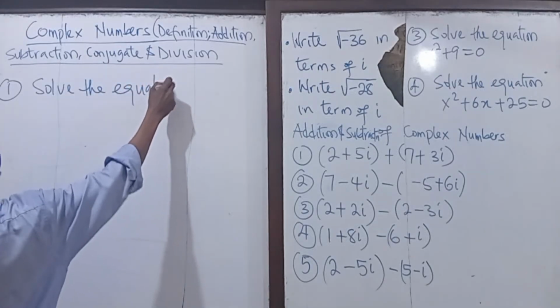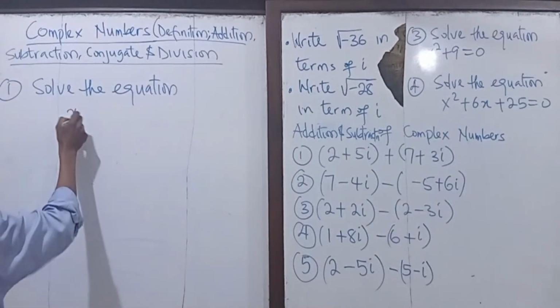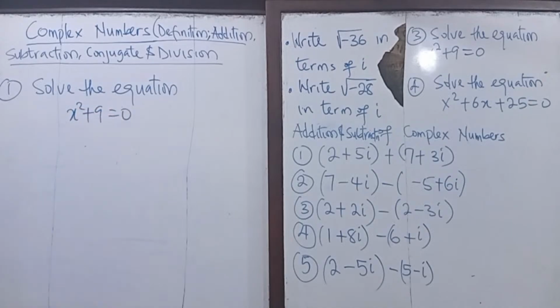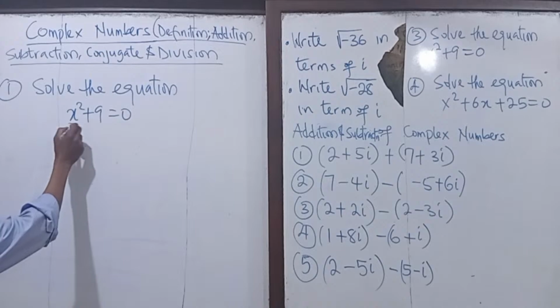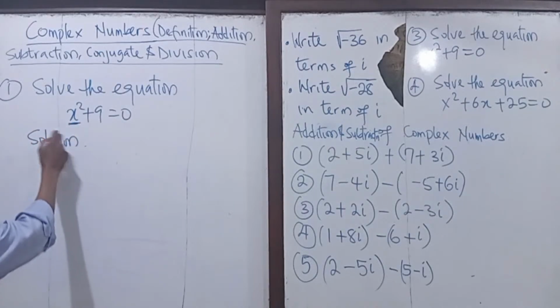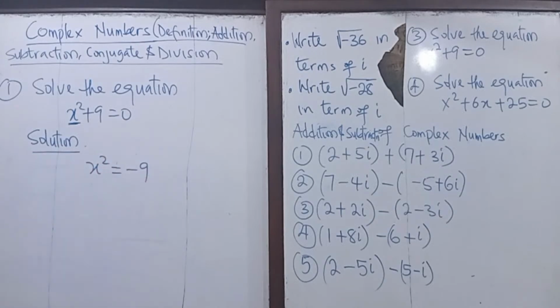Solve the equation x squared plus 9 equals 0. We're going to make x squared the subject, so x squared is equal to -9.